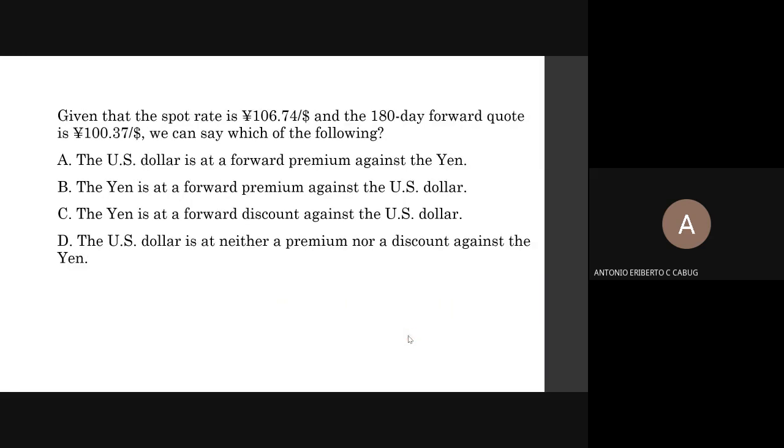Next. What about this one? Please be very careful, ha?